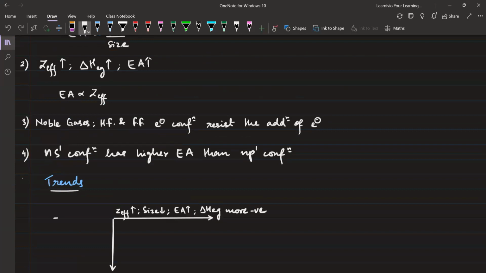Top to bottom in a group, Z effective is constant, size increases, therefore electron affinity decreases and delta H will be less negative.